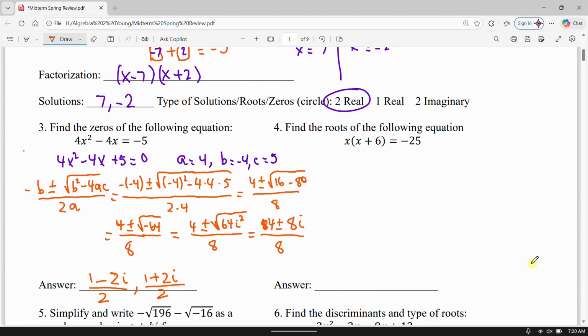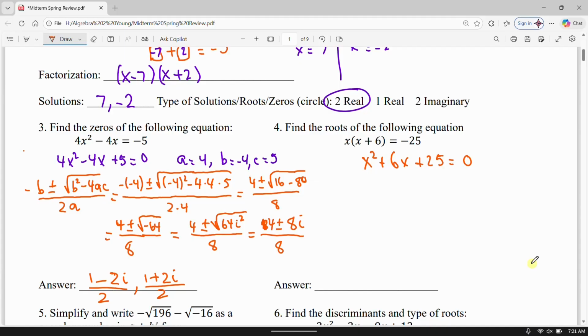For this one, you could multiply that out and then solve it just like number 3. I move the 25 from the right to the left, and it turned into negative 25. Let's start, if we can, with quick factoring.